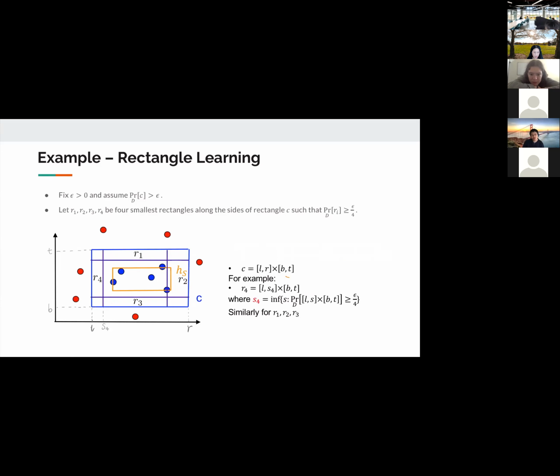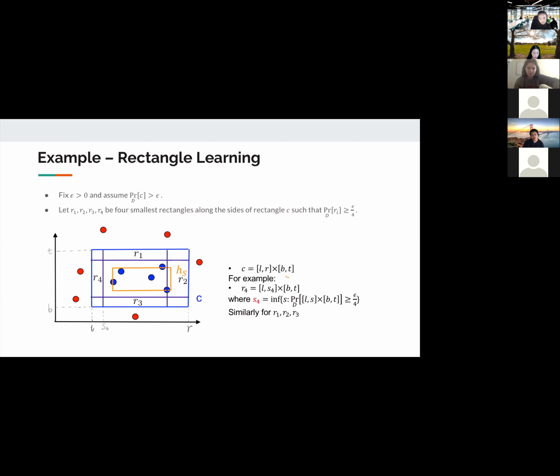All right, so what do I mean by that? Look at the rectangle C. It is basically defined by the left and the right and the bottom and the top boundary. I can write it as the interval [L, R] multiplied with the interval [B, T], so bottom and top.